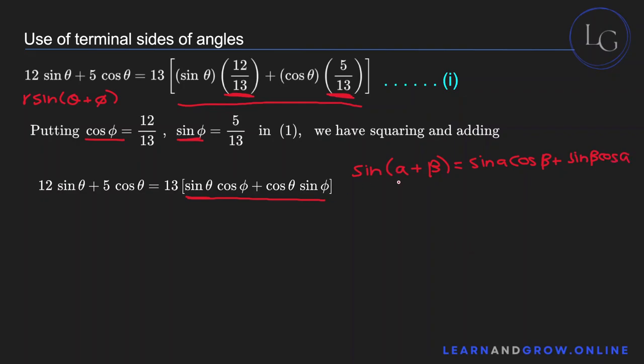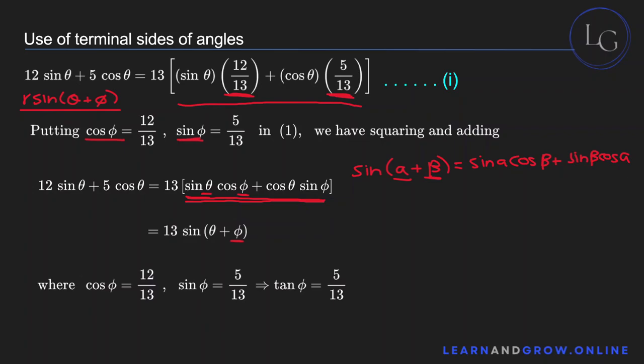And if you treat alpha as theta and beta as phi, well, you can now write this entire thing as sine theta plus phi. So now you have it in this form, except you do not know the value of phi yet, right? So how do we do that?